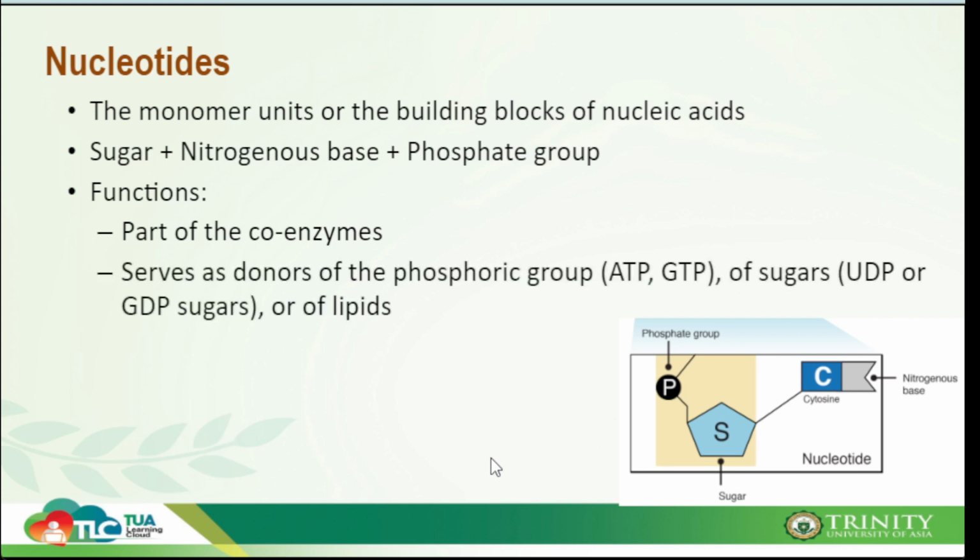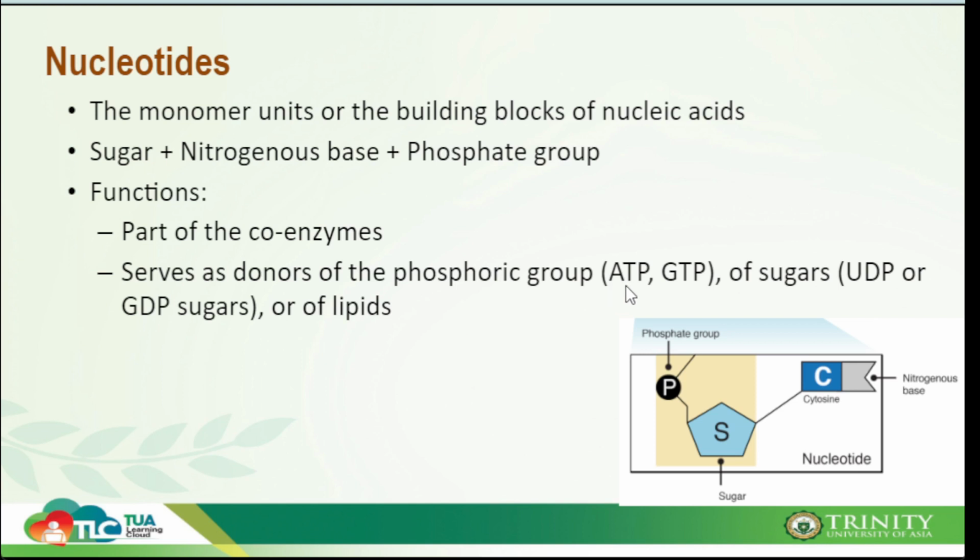They also serve as donors of the phosphoric group. So, isn't it that one example of our nucleotides is ATP and GTP? What does ATP stand for? Adenosine triphosphate. So, how many phosphate groups does this nucleotide have? From the name itself, triphosphate, so 3 phosphates. So, this nucleotide is capable of donating one of its phosphates.